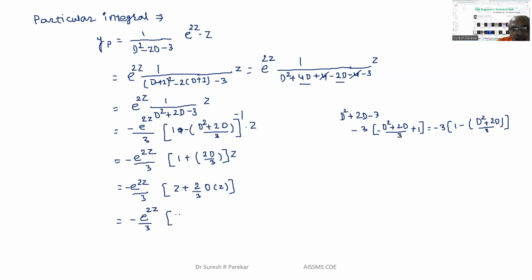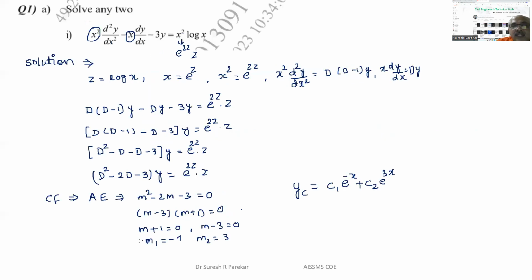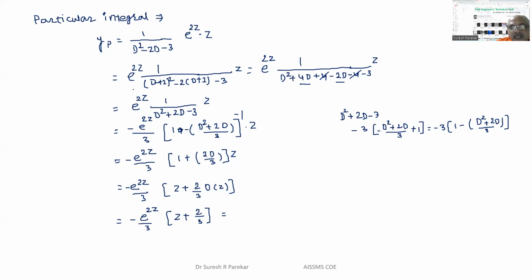Then we have z plus 2 by 3, and derivative of z with respect to z is 1. Now substitute values of z. So we know we have z equal to e to the power 2z. We have seen we have e to the power 2z, that is equal to x square. So we will substitute this value and z equal to log x.